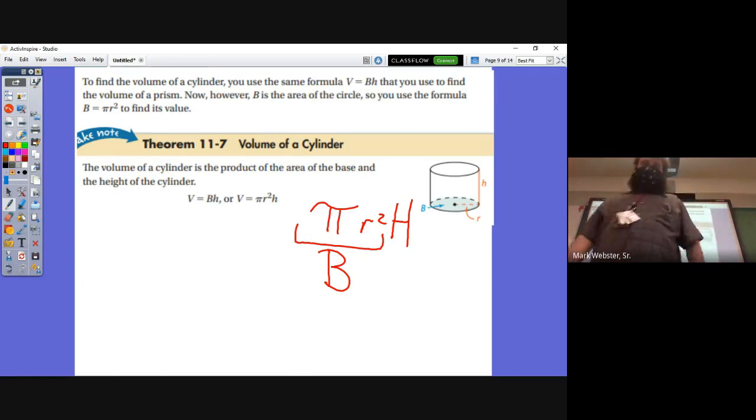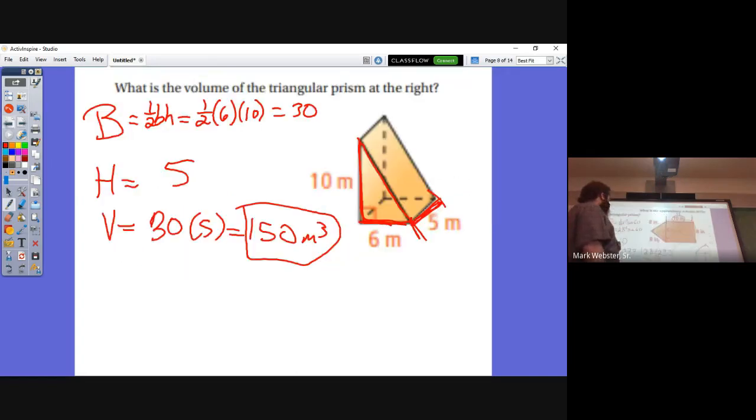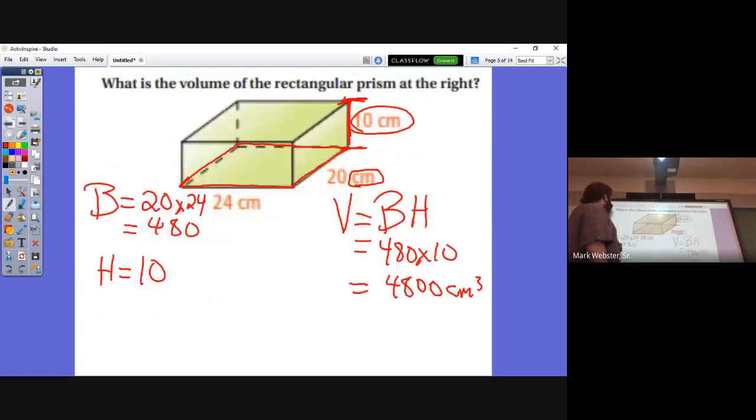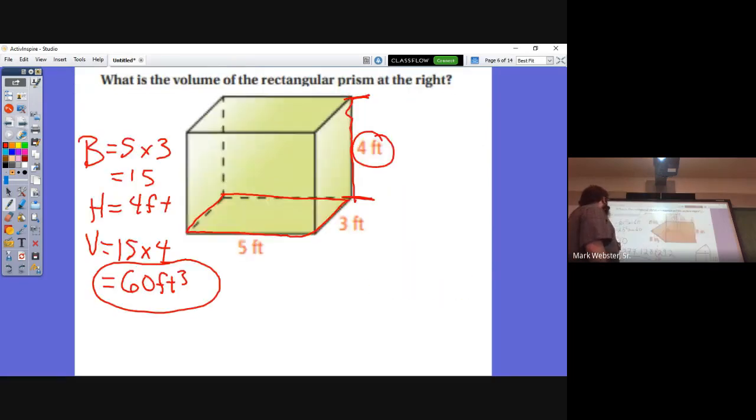So what I was saying with this page, you can use this formula if you want to for a cylinder, but you don't have to, because what I've been doing here is just this. They're trying to be specific to a circle for some reason.